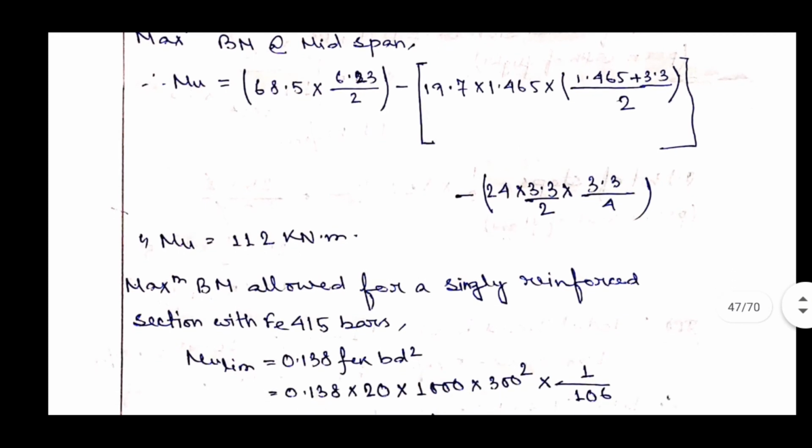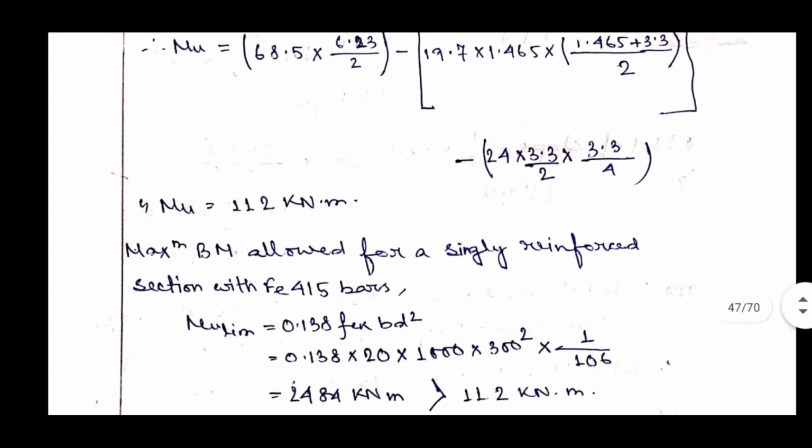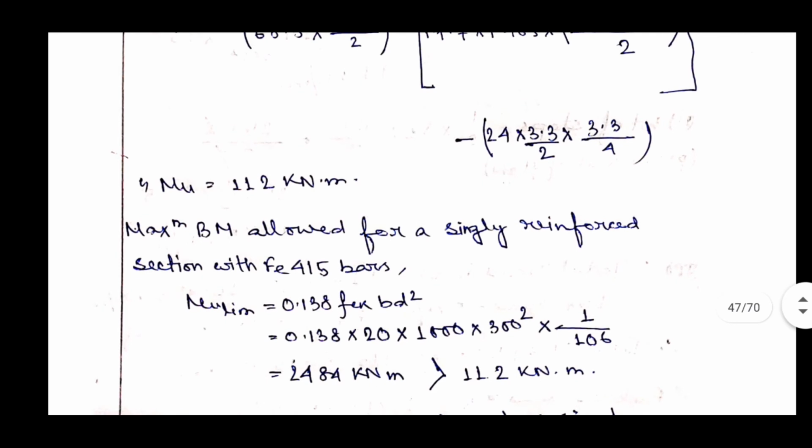So maximum bending moment allowed for a single reinforced section with Fe 415 bars. Mu limit, the formula, I told this in every previous lecture. The Mu limit formula is given in Annex G of IS 456 2000. Except fck bd square, the other portion, if we calculate for Fe 415 bars, will be 0.138.